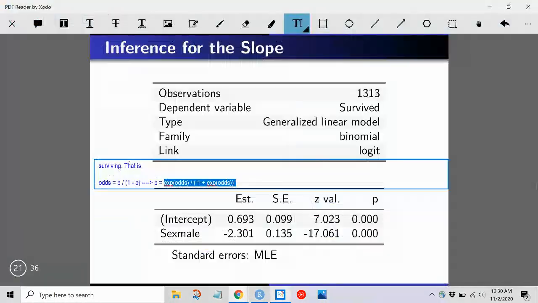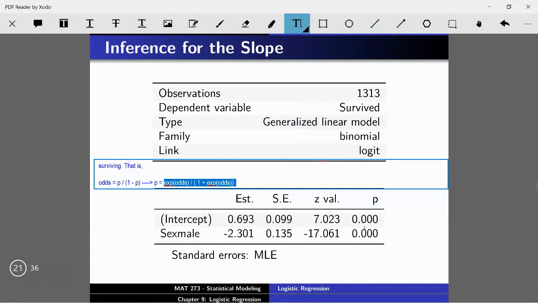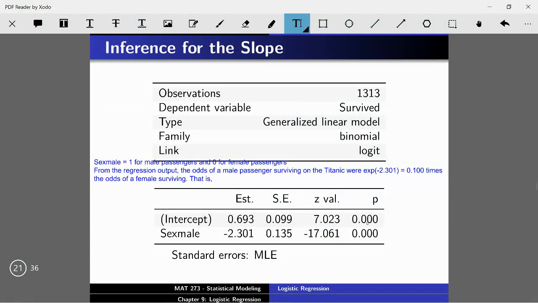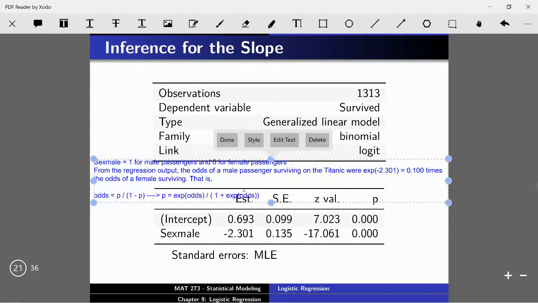So this gives us the, sorry, I'm typing a lot here. The odds of a male passenger surviving on the Titanic were 0.1 times the odds of a female surviving. Okay.